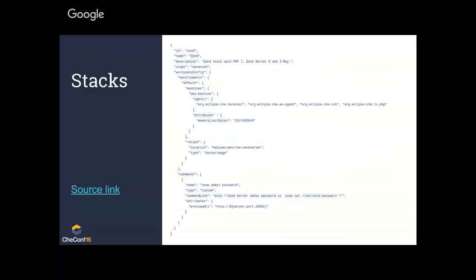You need to print it because it's automatically generated when you start the workspace. And then in the preview link, we print the URL to the admin UI itself. Here we use a macro that will resolve to the actual exposed port number, 81. In a similar JSON file, you can also define project samples.